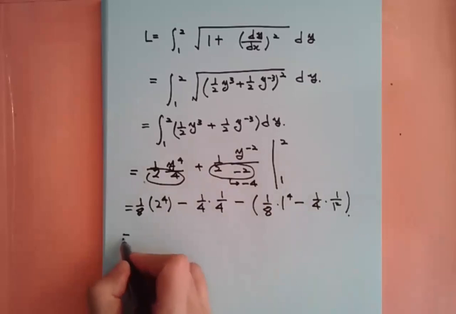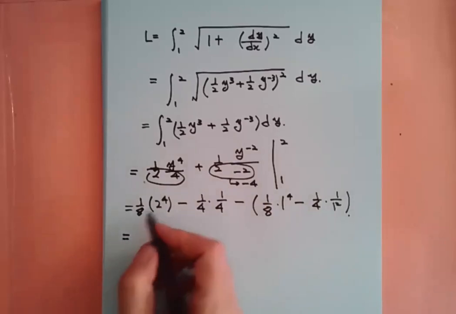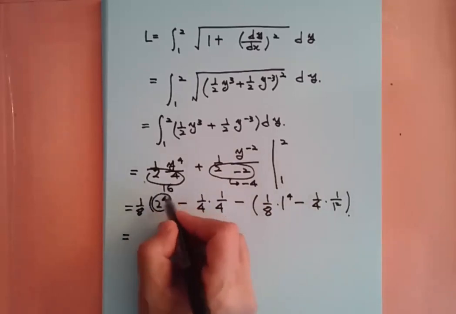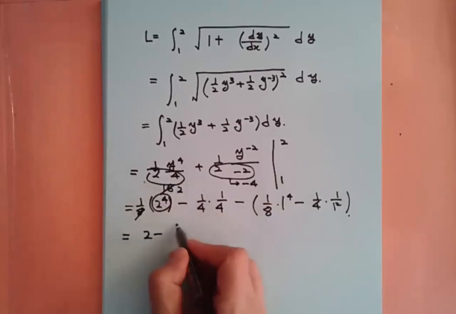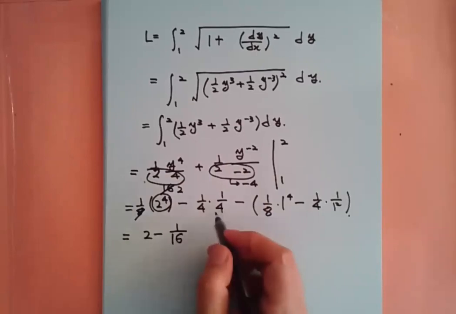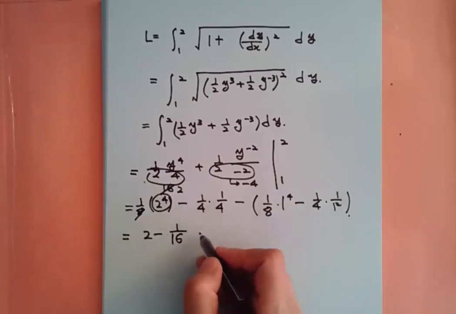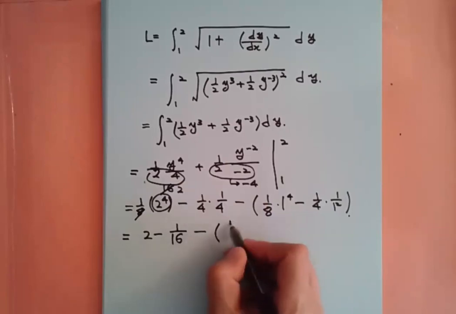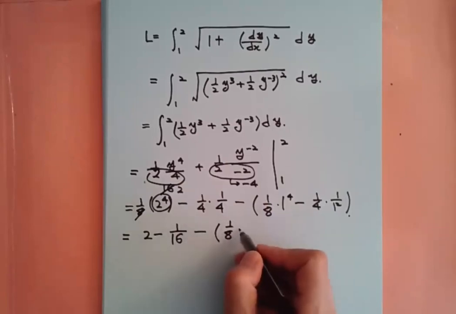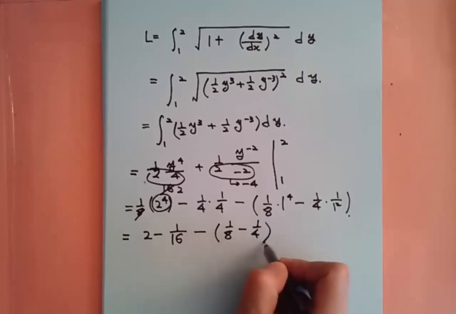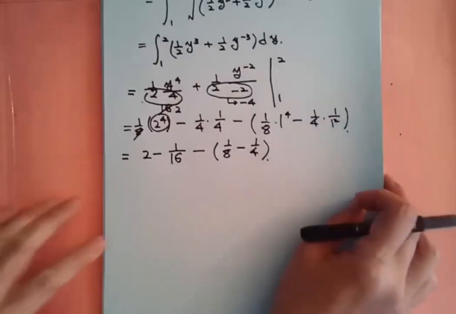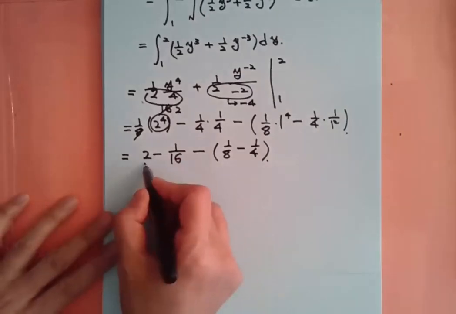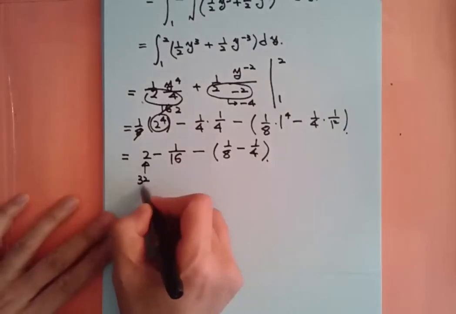So 2 to the 4th is 16, so 16 over 8 is 2. So 2 minus 1 over 4 times 1 over 4 is 16. Minus, open parenthesis, 1 over 8 minus 1 over 4. And then all we have to do is simplification. This one is 32 over 16.